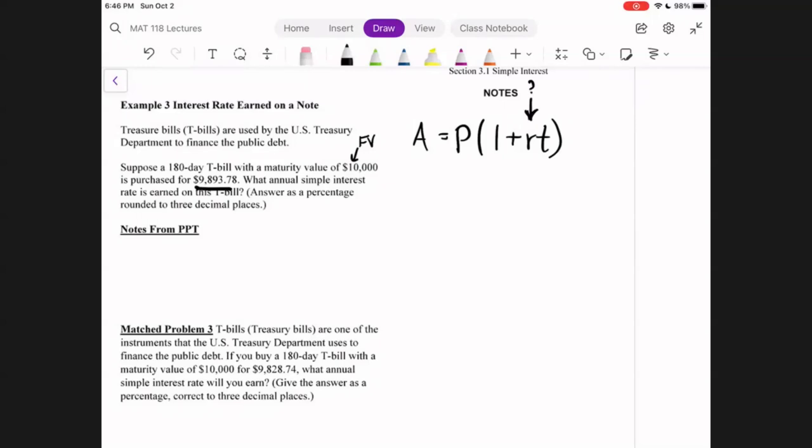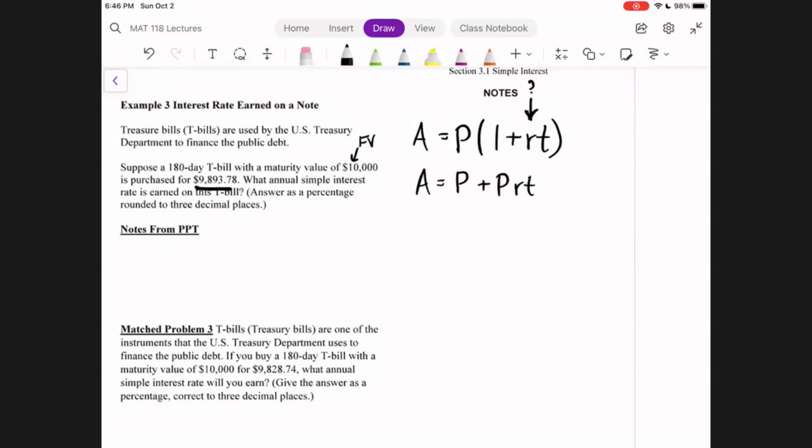There are a few ways you can solve this. I'm just going to plug everything in, and then we'll solve accordingly. Now, in your book, if you factor the P out here, we get this.